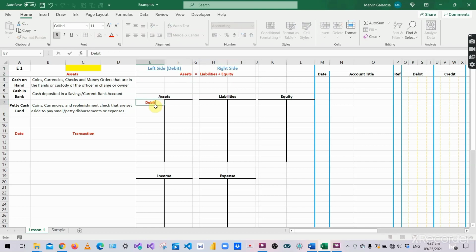So, debit and credit. Ang increase ng asset is on the debit side of the account. Ano naman yung kanyang decrease? Ang decrease naman niya nasa credit side ng account.